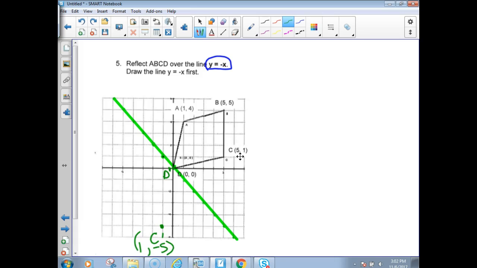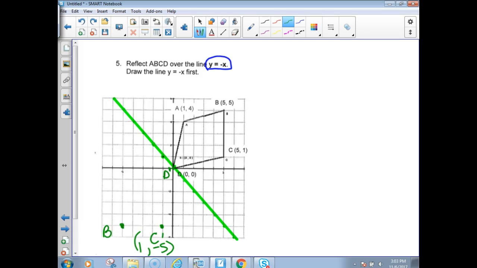So what happened to these points is, you're going to change the sign of X and switch X and Y. So we're still switching them, but we're changing the sign of one. So this is going to go 1 diagonal, 2 diagonals, 3 diagonals, 4 diagonals, 5 diagonals. 1, 2, 3, 4, 5 right here.